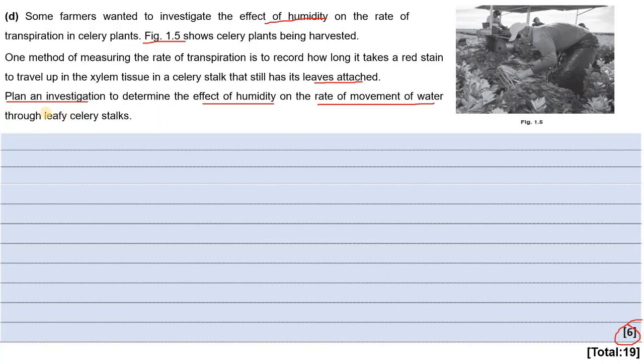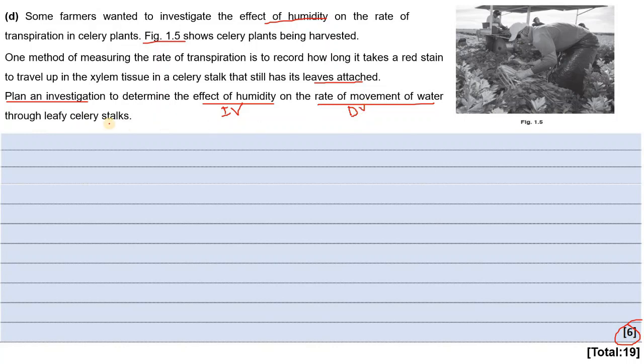So, here we need to plan an investigation with the given information. The information is we need to plan an investigation showing the effect of humidity on the rate of movement of water. So from this information itself we can identify our independent variable as humidity, while the dependent variable is the rate of movement of water through the leafy celery stalk.